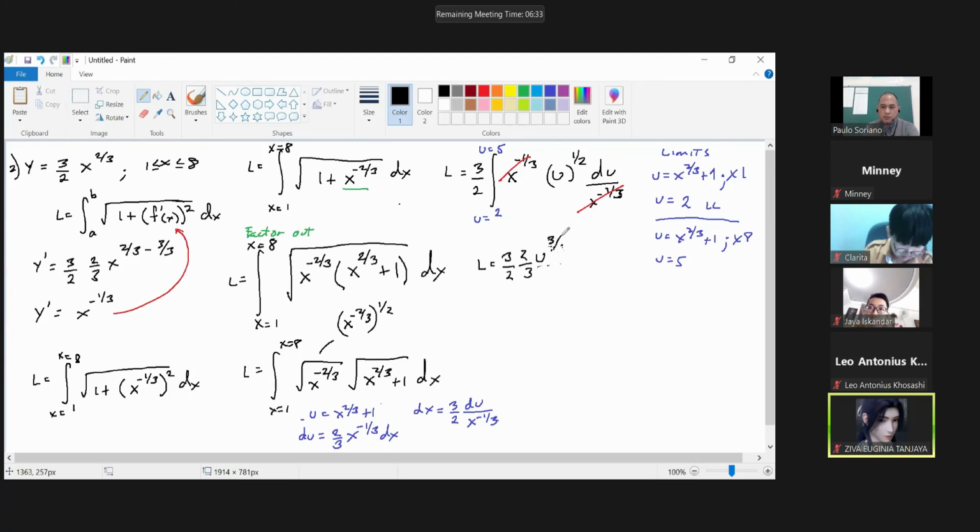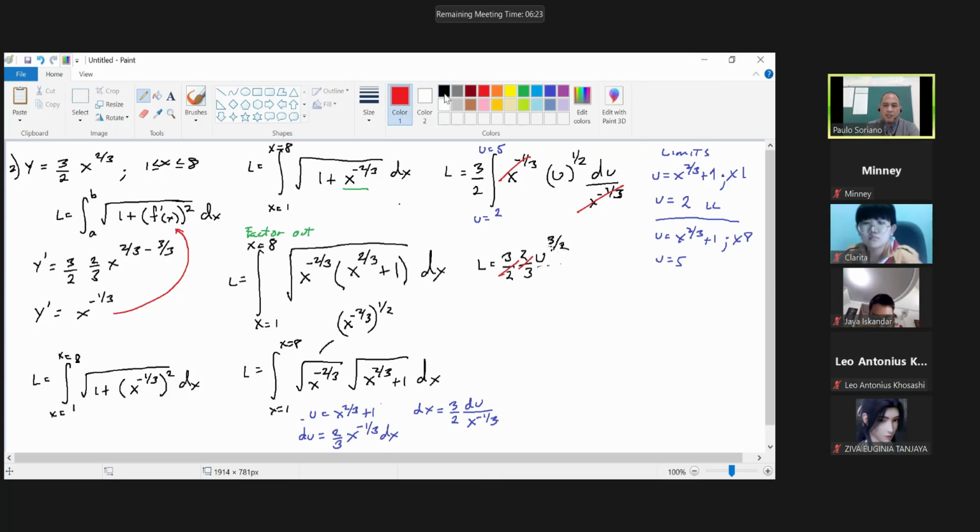Yes. u raised to 3/2 divided by 3/2, I'm going to change this to multiplication by 2/3. So this and this will cancel. So technically, what is left is only this term from 2 until 5. So again, L is equal to u raised to 3/2 from 2 to 5.